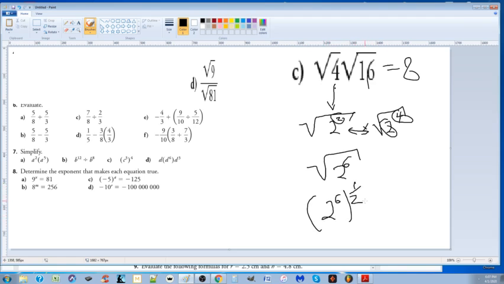Yes, I am. Am I then simply allowed to multiply my exponents? So it's 6 over 1 times 1 over 2, which is 6 over 2, which is 3. Yes, I am. Okay, so that's the same as 2 to the 3, which is also 8.